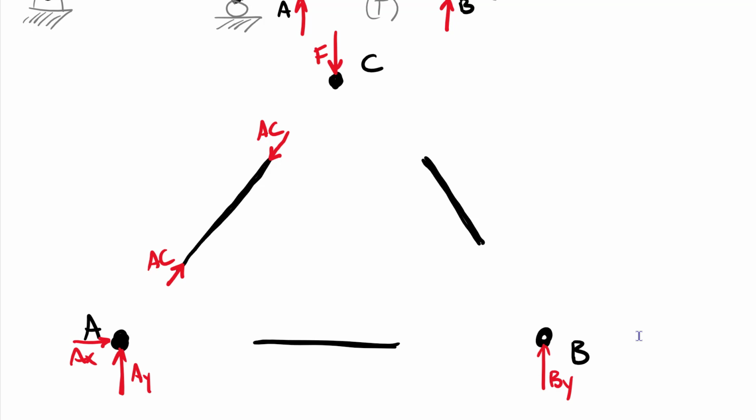I also have compression forces pushing on the joints. We'll talk more about this. This is actually Newton's third law where we have equal and opposite forces. And so this is going to be also AC in compression pushing on joint A, right? So just a label here. This one was in compression.